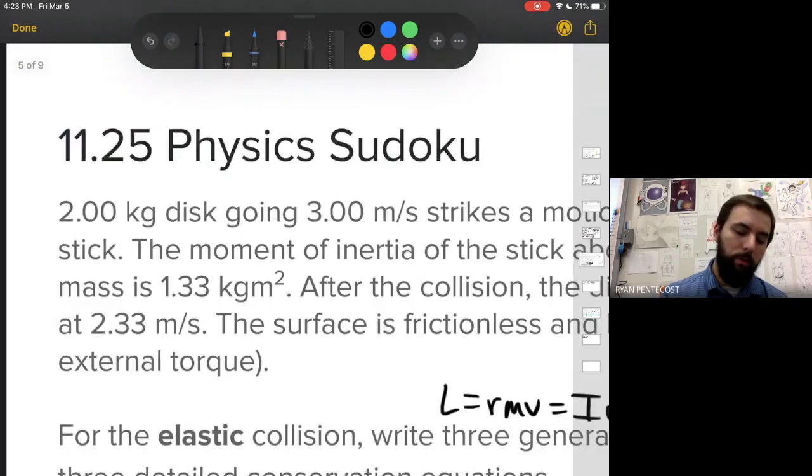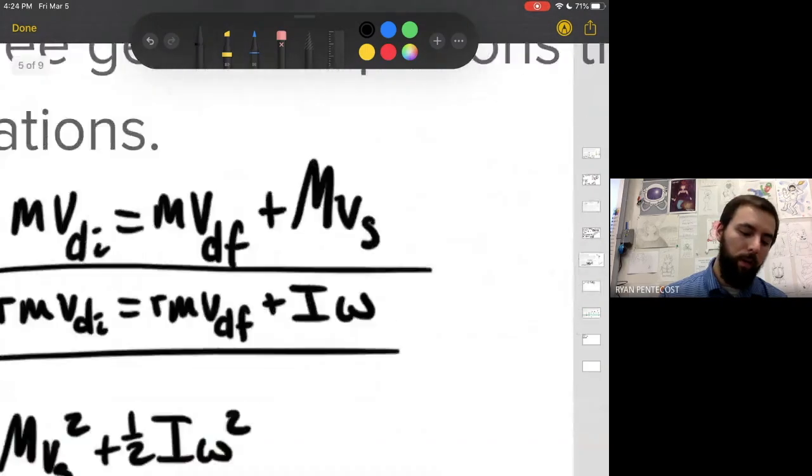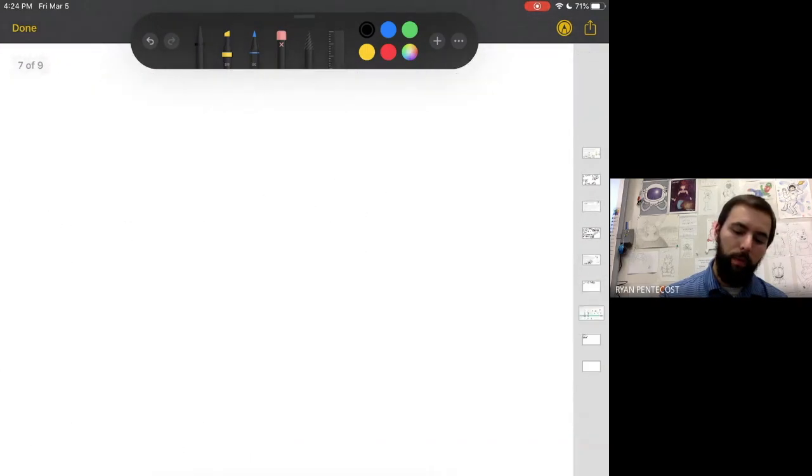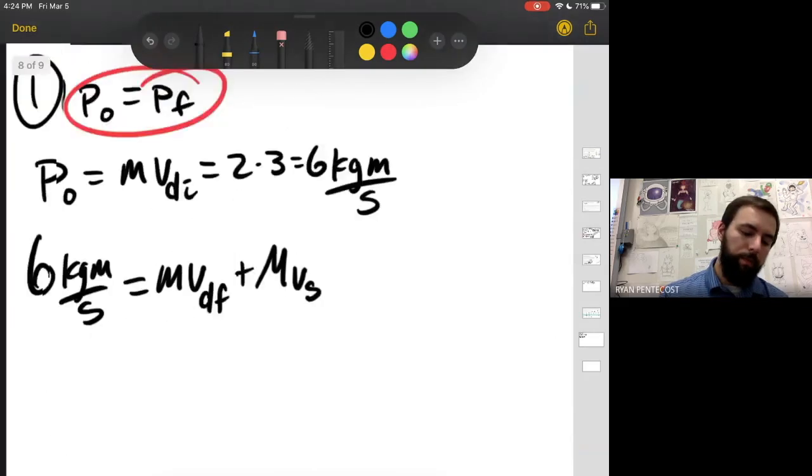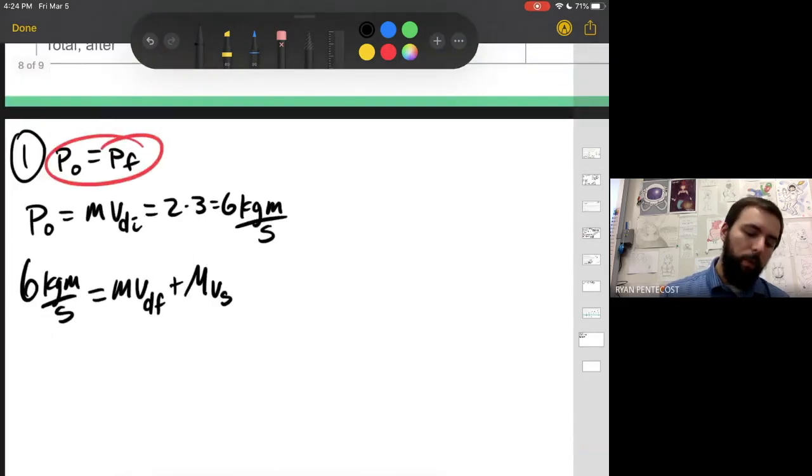You can see that we wrote that right here. Now, we have the mass of the disk, velocity of the disk, mass of the stick. We just don't have the velocity of the stick. So let's solve for it.